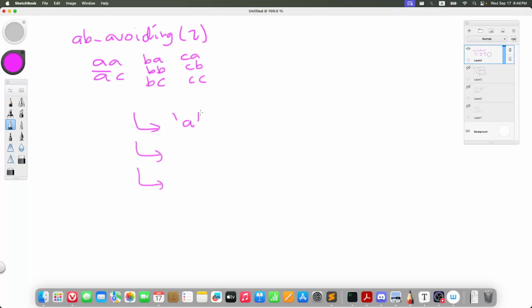If we choose A first, then we are solving AB avoiding n, right? If we choose one character, we are solving the problem with one less character, n minus 1.